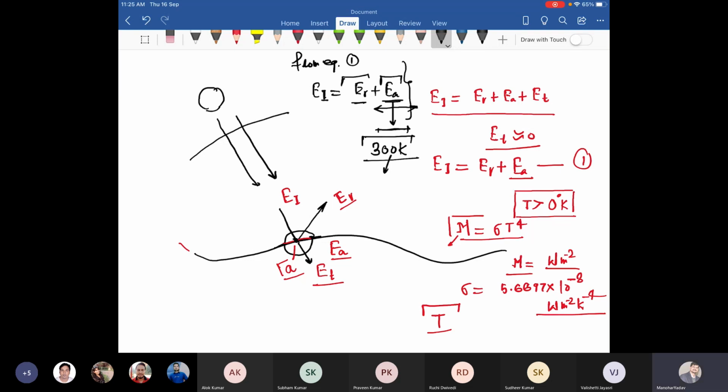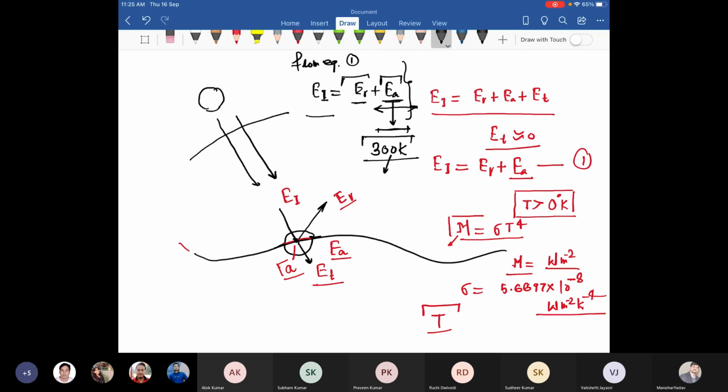Now one more parameter we need to incorporate. Till now we have not discussed the role of wavelength, and we know that wavelength affects the energy within the electromagnetic radiation. At each wavelength, the energy component is different.